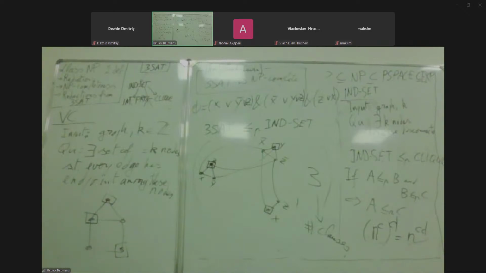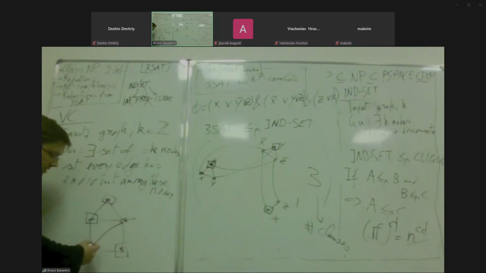Now let us look at the nodes that are not in the vertex cover. There are 2 of them and they are not connected. And this is very logical. Imagine they were connected, then the other nodes would not be a vertex cover.